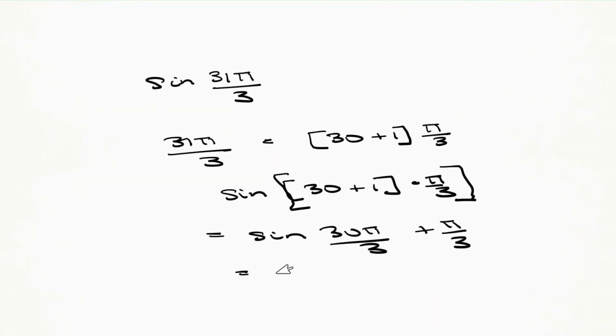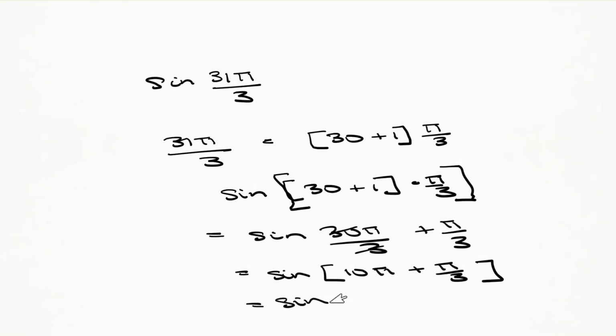And that's equal to sine, because you can simplify those, going back to basic fractions, of 10 pi plus pi on 3. And that is the sine of pi on 3. Sine of pi on 3 is sine of 60, which is root 3 over 2. So that's how we go about that.